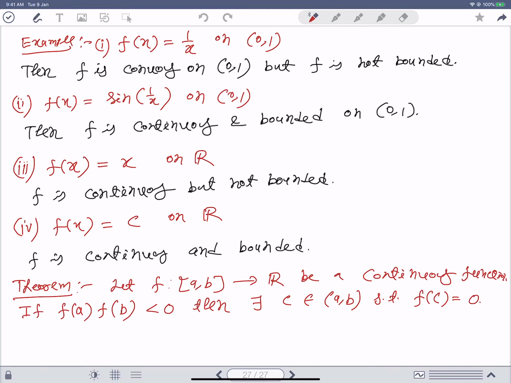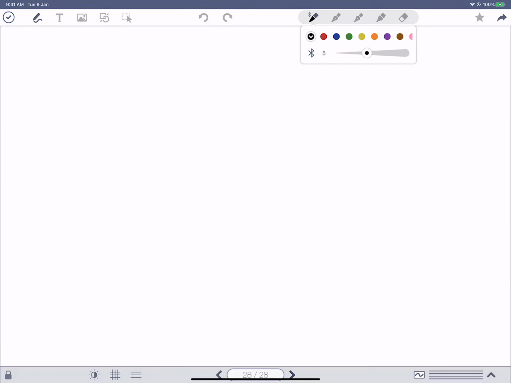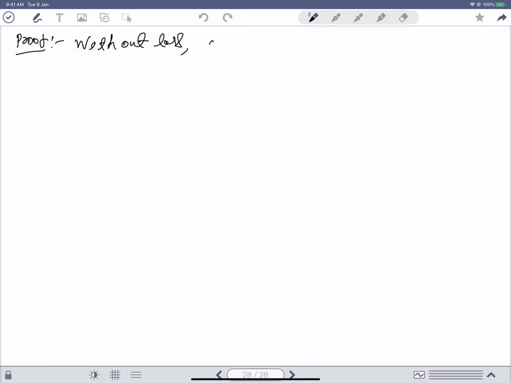Okay? Now the proof is also simple. So first of all, without loss of generality, we can assume that f of a is strictly less than 0, and f of b is bigger than 0. The proof of the case when f of a is bigger than 0 and f of b is less than 0 is very similar to this proof.